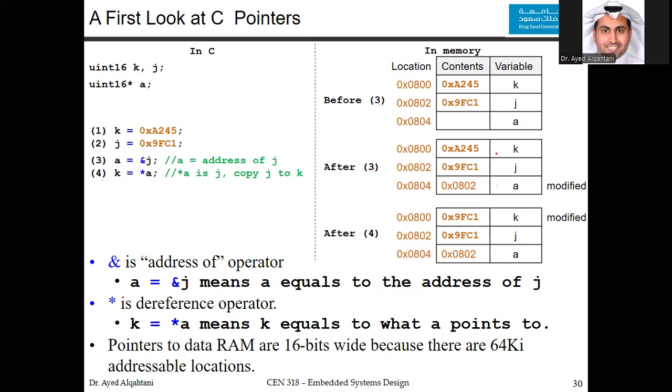The value of K, before statement four, has this value. Now what you do is you say, I need to get the value that A points to. The value that A points to is this one here.